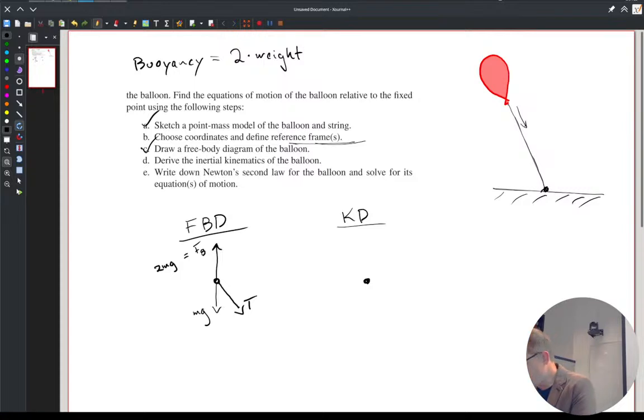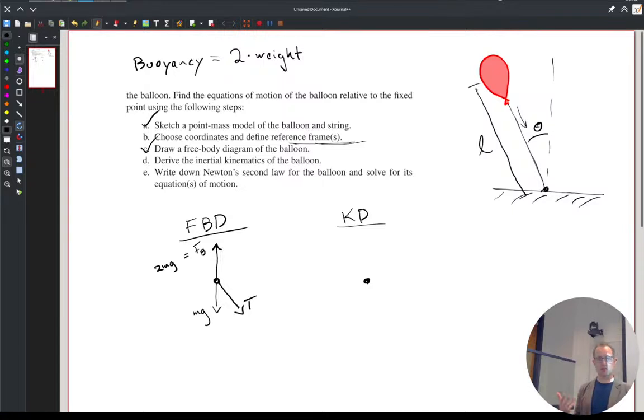So when we're drawing, relative to the fixed point, we could say that this is theta, and there's got to be an L. The balloon is always, at least at its center of mass, L away from that point.